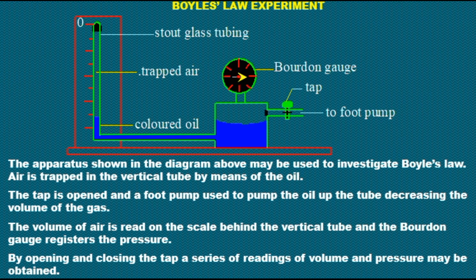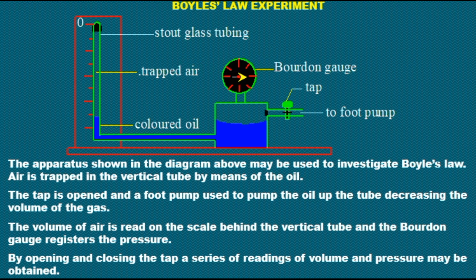Boyle's law experiment. The apparatus shown in the diagram may be used to investigate Boyle's law. Air is trapped in the vertical tube by means of oil. The tap is open and a foot pump used to pump oil into the tube, decreasing the volume of the gas.